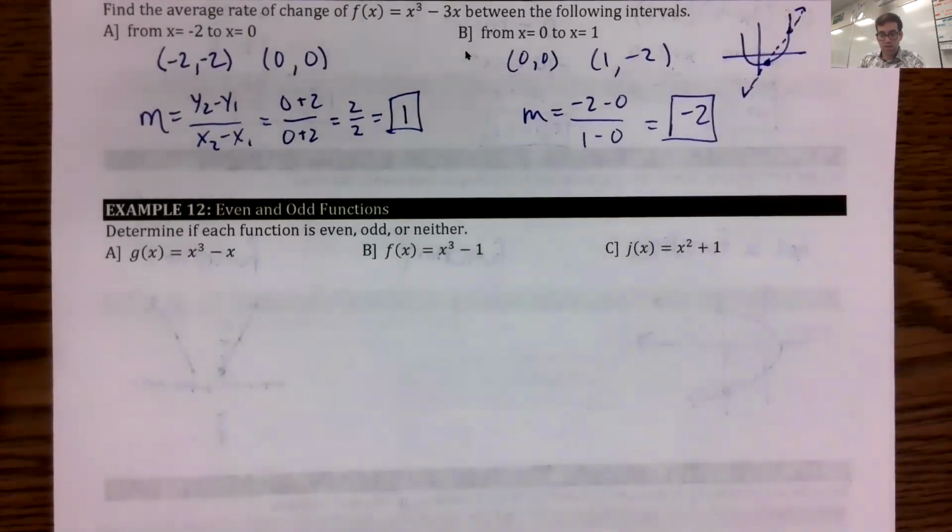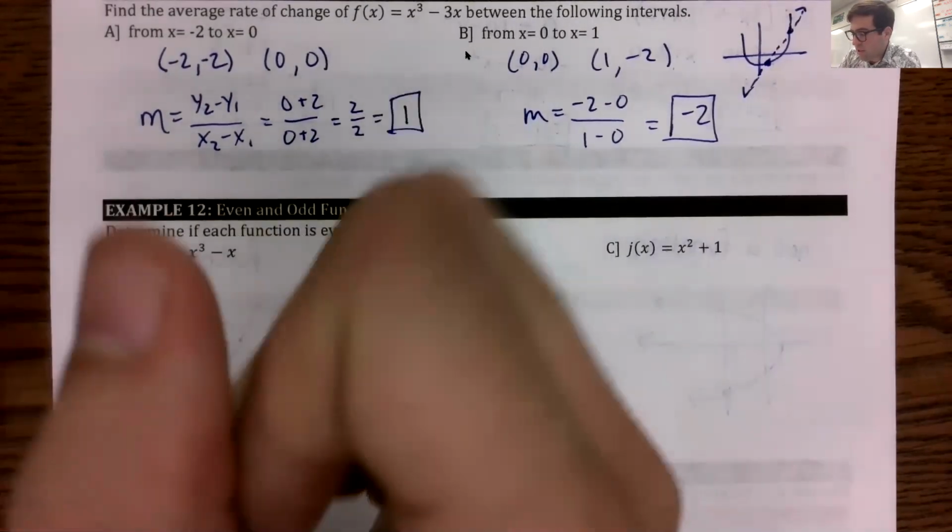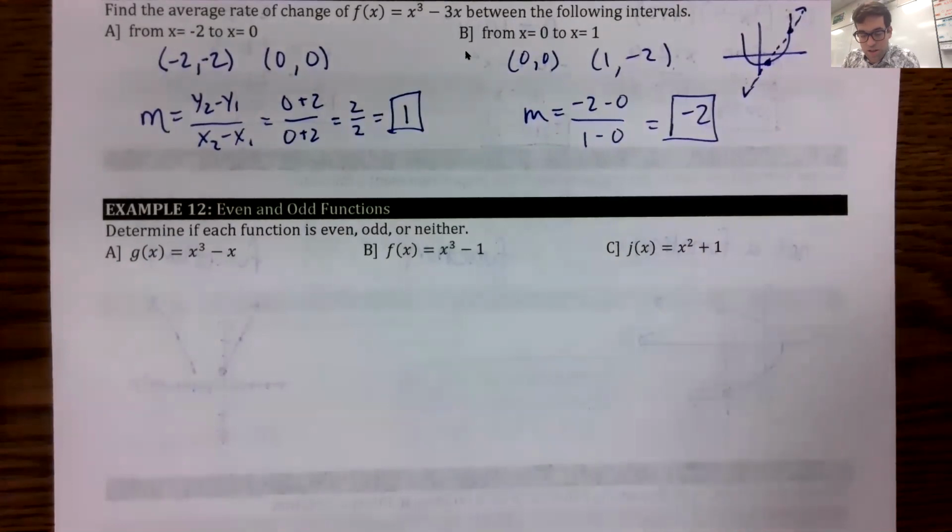We're supposed to determine if each function is even, odd, or neither. This is really just another way of asking what's the symmetry, right? We said that if a function is even, it has y-axis symmetry. If a function is odd, it has origin symmetry. So that's all we're doing here. If we look at a table of values here, you could type this into your calculator and check for yourself.